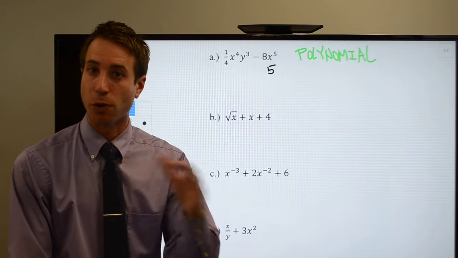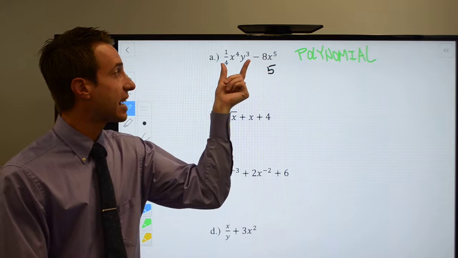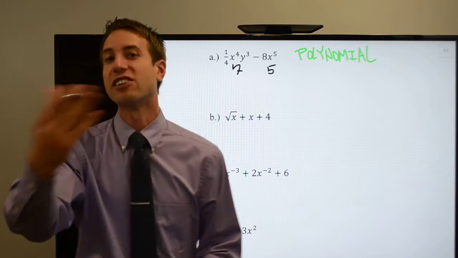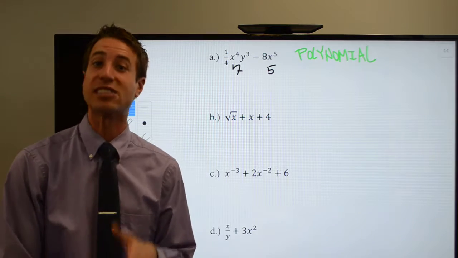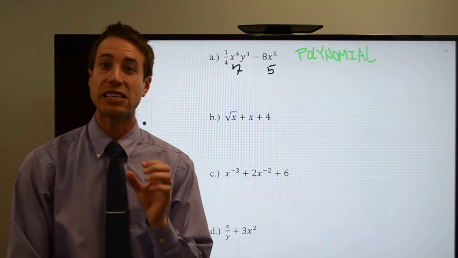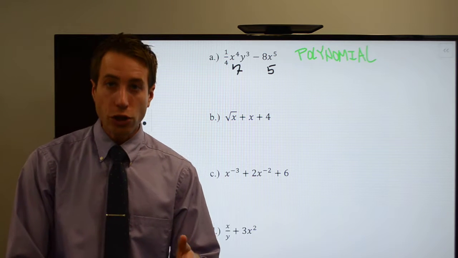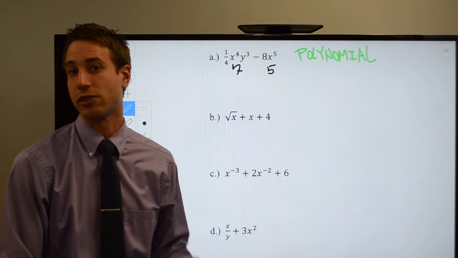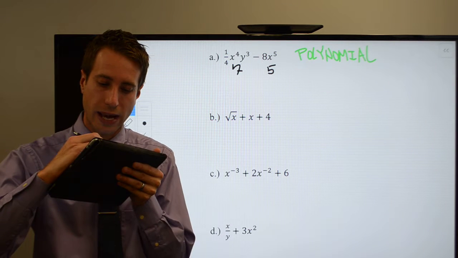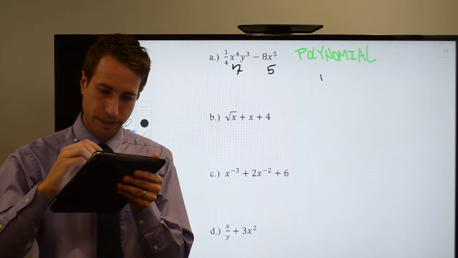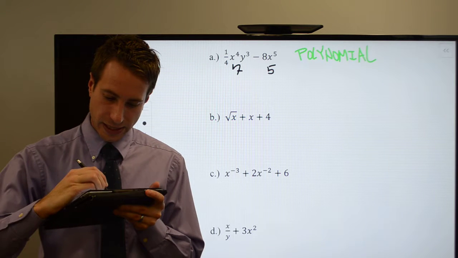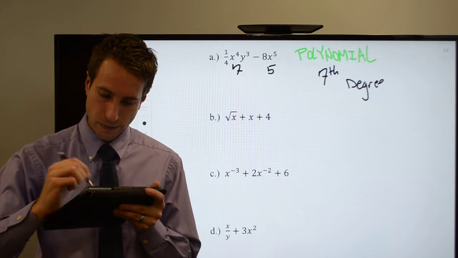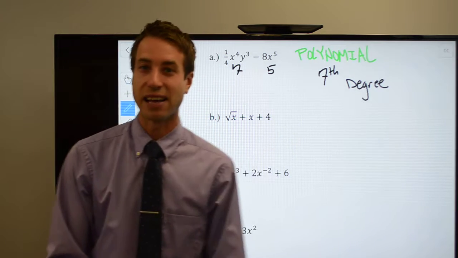Add the exponents: 4 plus 3 is 7, so this is a 7th degree monomial. Our definition says the degree of the polynomial is equal to the largest degree monomial. My largest degree monomial is 7th degree, so my polynomial is also a 7th degree polynomial. So it is a polynomial, and it is 7th degree.